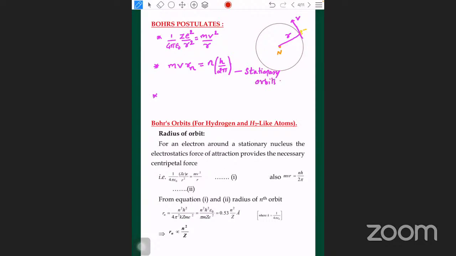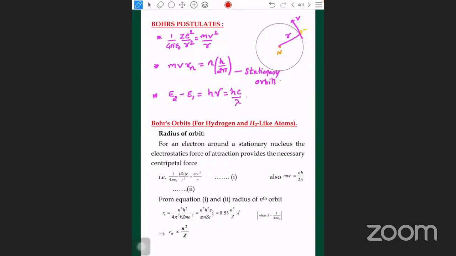Then, whenever the electron is jumping from higher orbit to lower orbit, it emits the energy which is given by the formula E2 minus E1 is equal to h nu or hc by lambda.